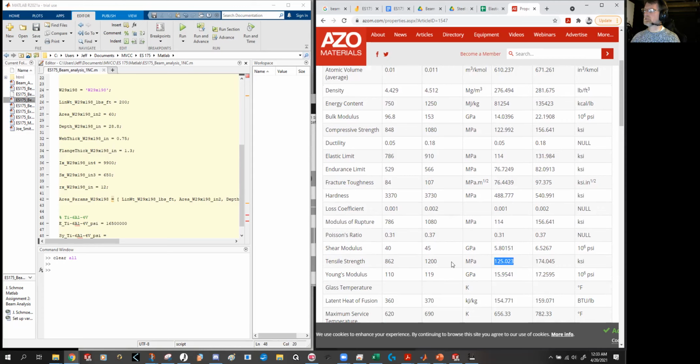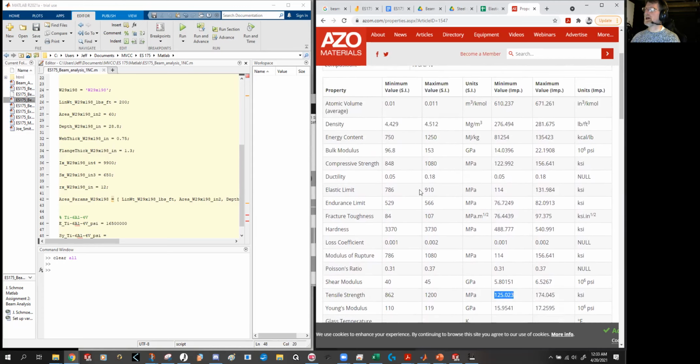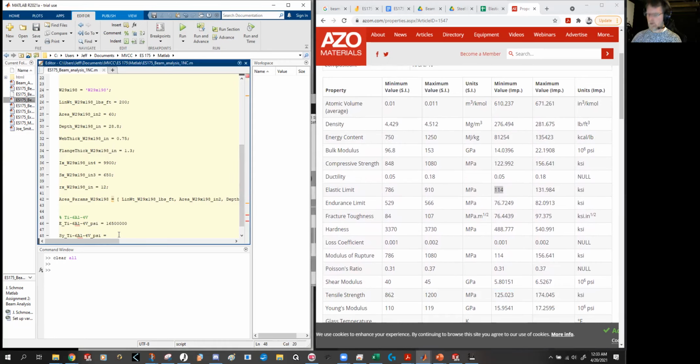So that's too far. Definitely don't want that. So we're going to go with the elastic limit here, the 104, and that's KSI, which is kips, as I was saying before, per square inch. So that's 1,000 pounds per square inch. So you got to tack on 3 zeros there.